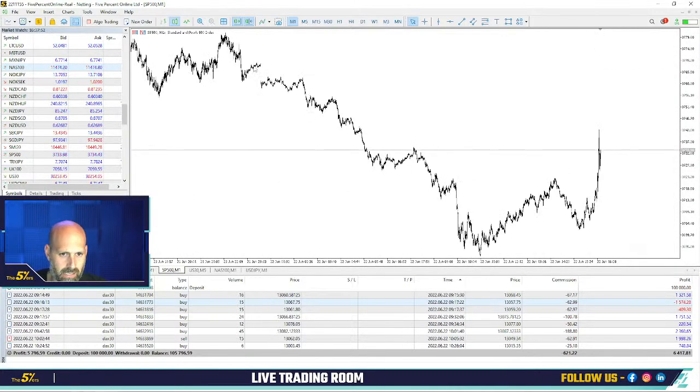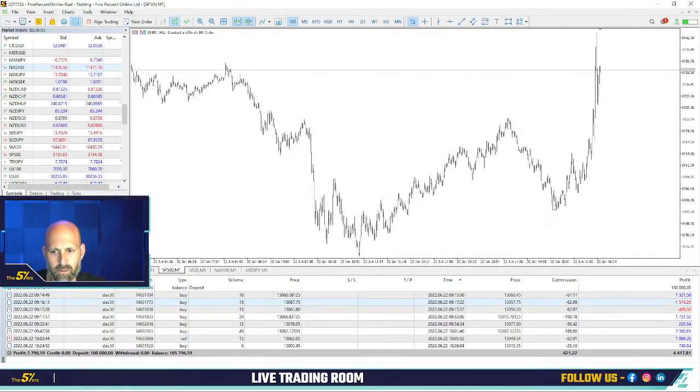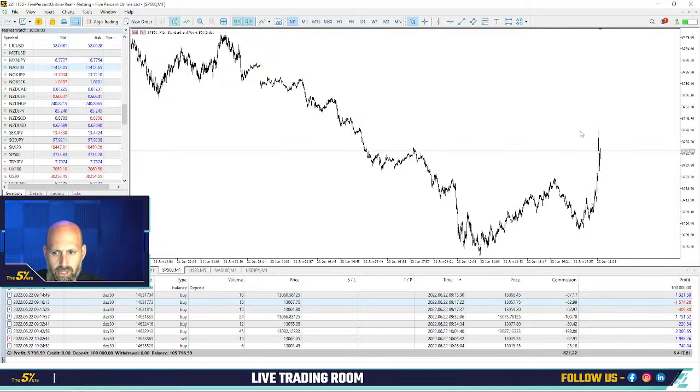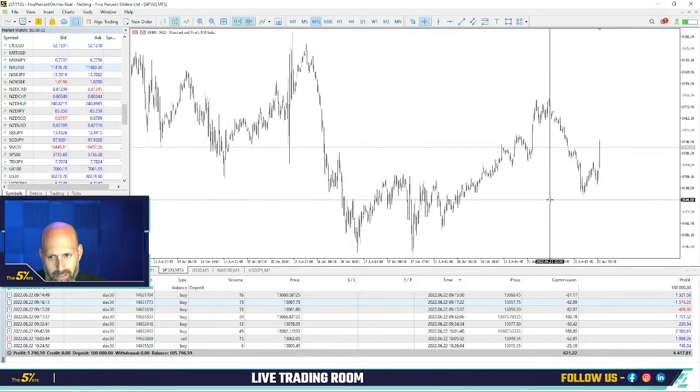So again, the Nasdaq, DAX and S&P, and the Nasdaq looking pretty much the same. We reached the support level, bounced off of it, pulled back, and now are pushing higher. What we're looking for is the next resistance level, taking it from the 15 or the 1H.